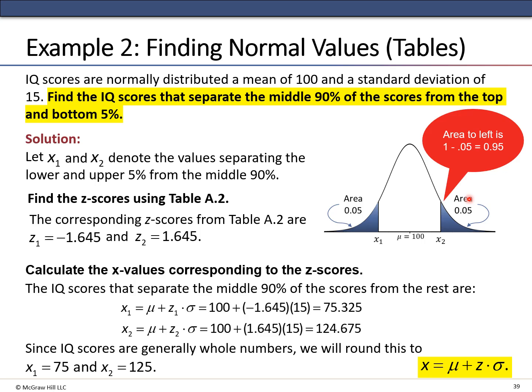I was talking about the area, but we needed to get these z-scores from that area. And then we can plug it into the formula and get the two x values. So it's between 75 and 125, rounding. So IQ scores between 75 and 125 would represent the middle 90% of the scores.